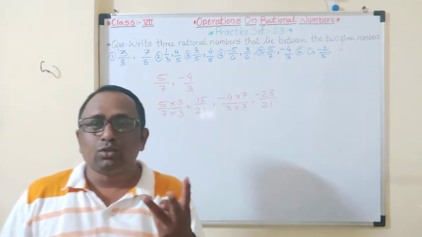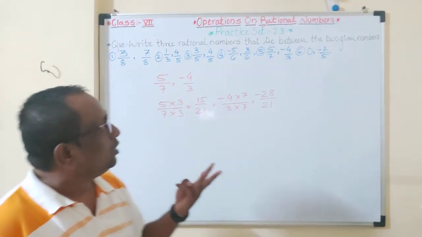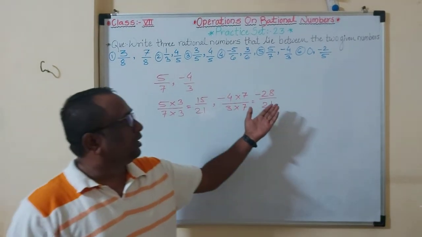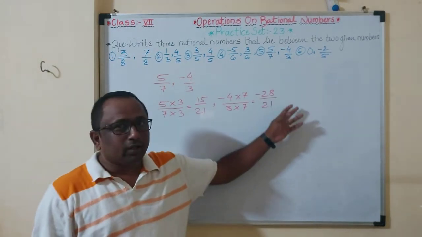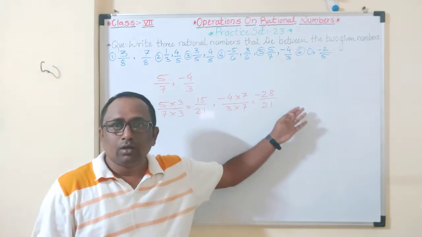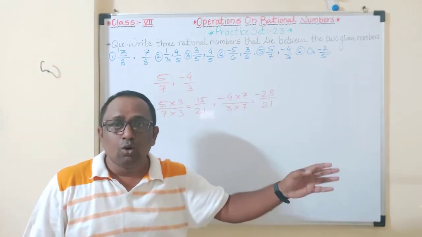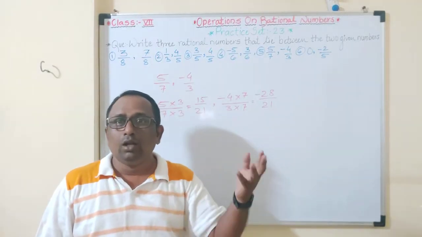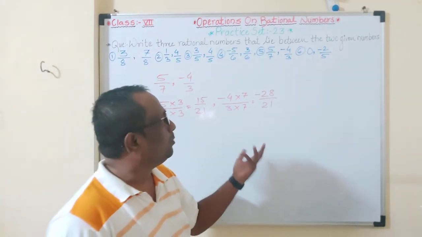So in between these you have to write any 3 numbers. Now so many numbers are there. See, minus 28, then minus 27 upon 21, minus 26 upon 21, minus 25 upon 21, minus 24 upon 21, then 0, then 1 upon 21, 2 upon 21, 3 upon 21, 4 upon 21, 5 upon 21, lots of numbers.